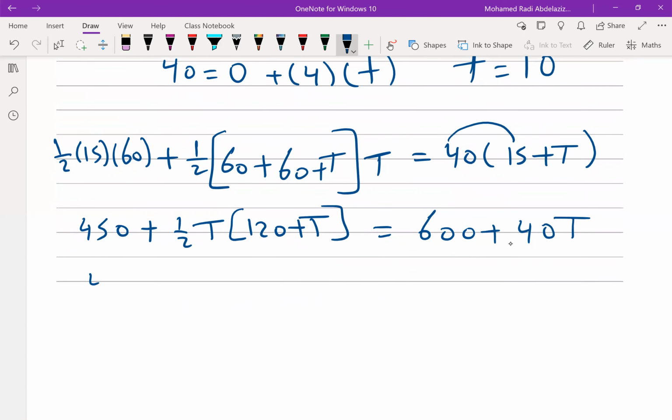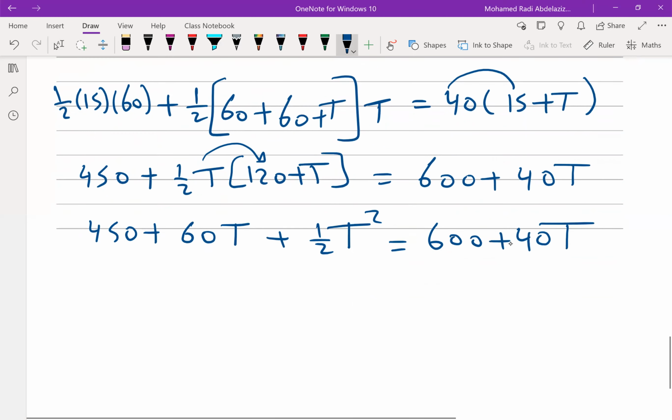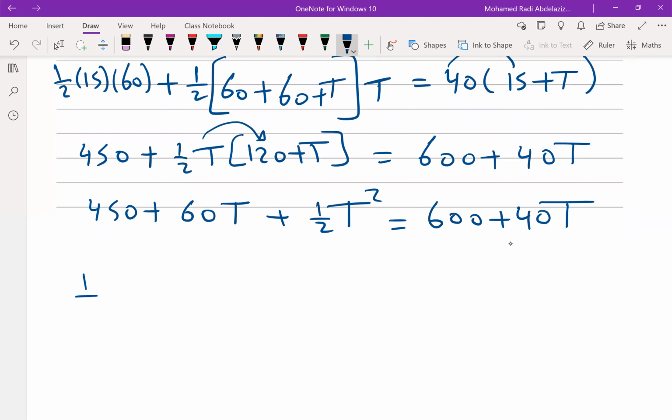Simplify: 450 plus half times t times 120 will be 60t plus half t squared is equal to 600 plus 40t. Move to the other side to be 0 and rearrange the expression: half t squared.